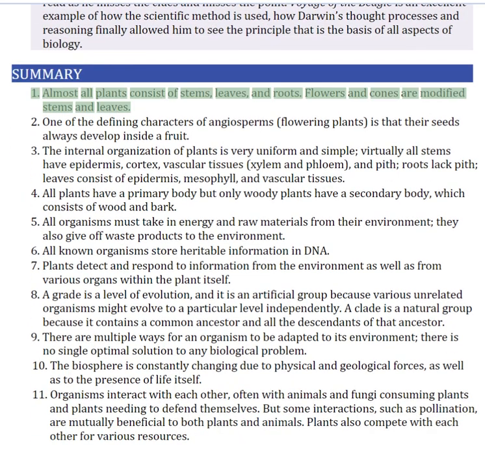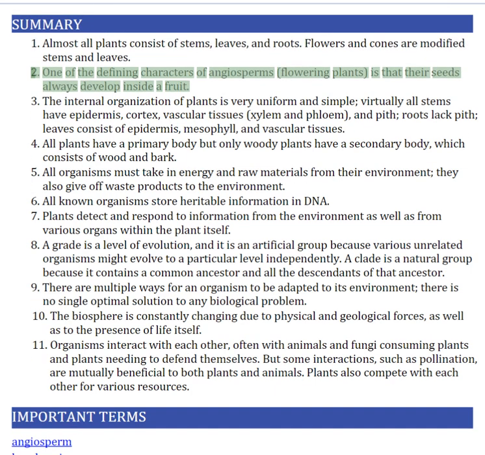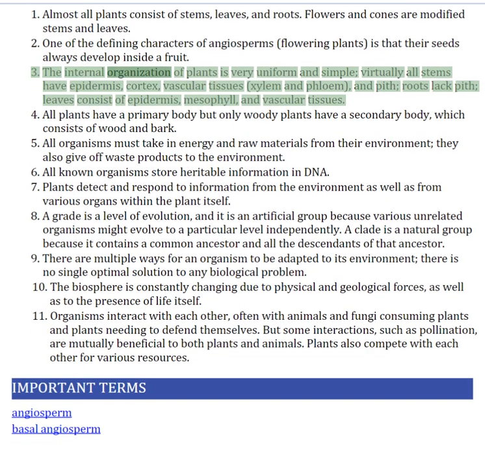Summary. 1. Almost all plants consist of stems, leaves, and roots. Flowers and cones are modified stems and leaves. 2. One of the defining characters of angiosperms is that their seeds always develop inside of fruit. 3. The internal organization of plants is very uniform and simple.